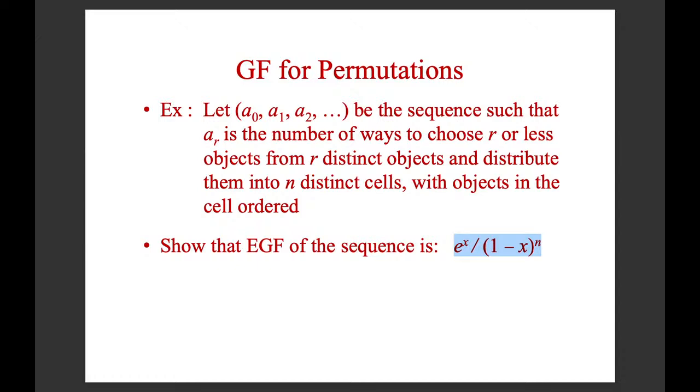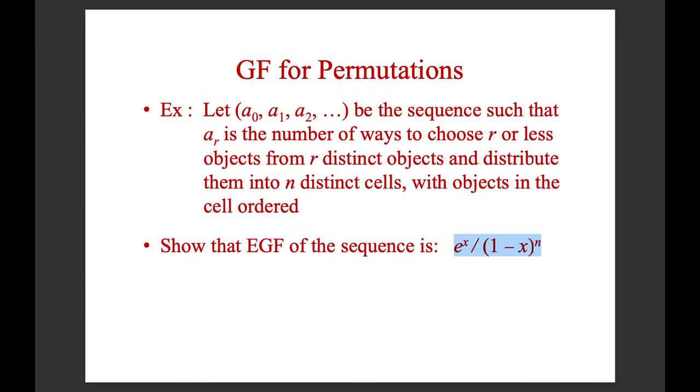So in that sense, the EGF for the first bin, for the digit 1 that we fill in, will be 1 plus 1 factorial over 1 factorial times x, plus 2 factorial over 2 factorial times x squared, plus 3 factorial over 3 factorial times x cubed, and so on and so forth.